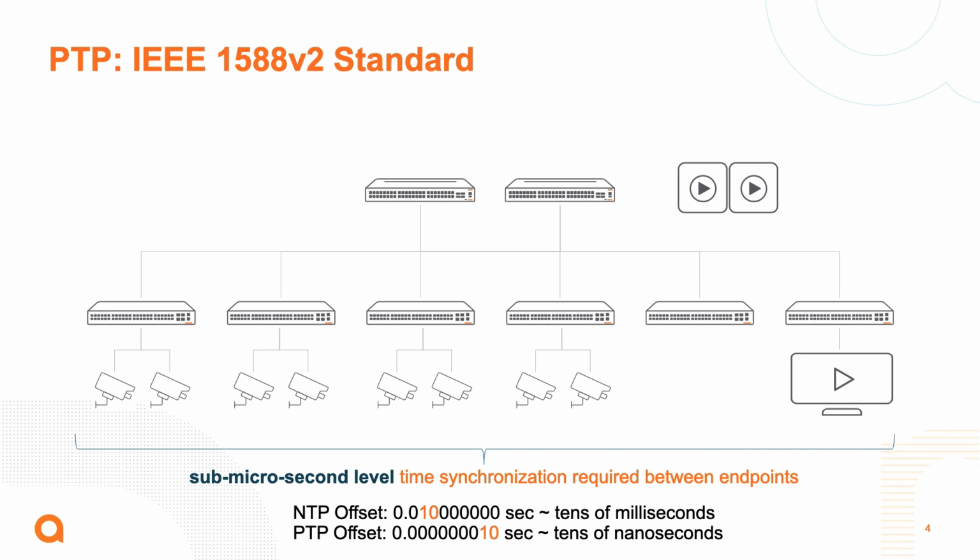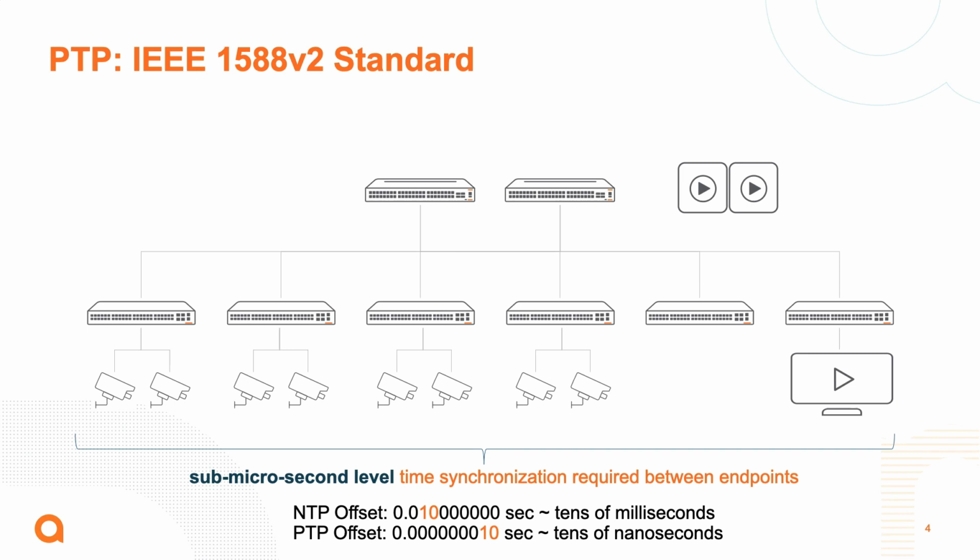The process to select the parent clock starts by looking at a user-defined value called priority 1. It is just a number that you can add to your reference clock, and smaller values here indicate a higher priority.